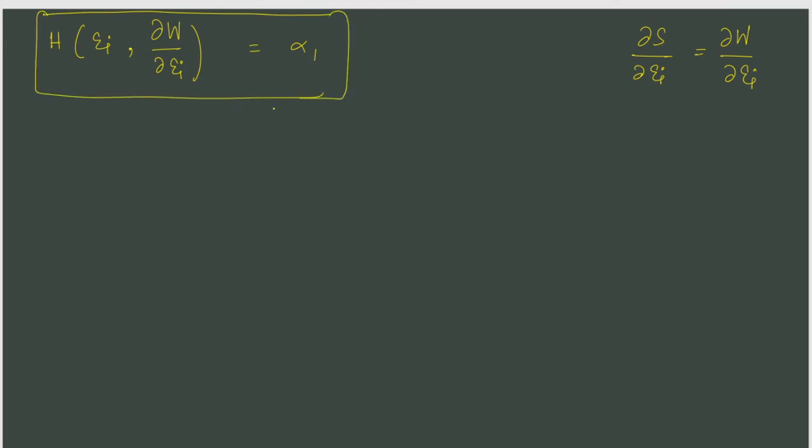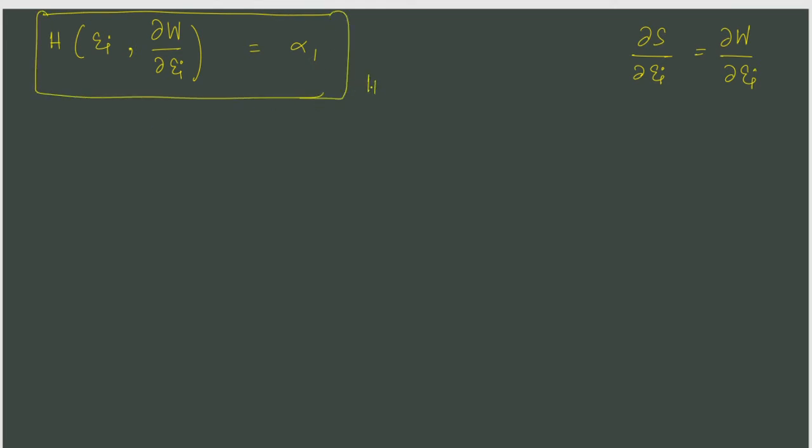We'll write it here. It becomes H of Qi, and then we have seen del S del Qi is essentially del W del Qi. So we write that plus del S del t, which we know is equal to minus alpha 1, so we can take it to the other side, and this becomes our new equation.